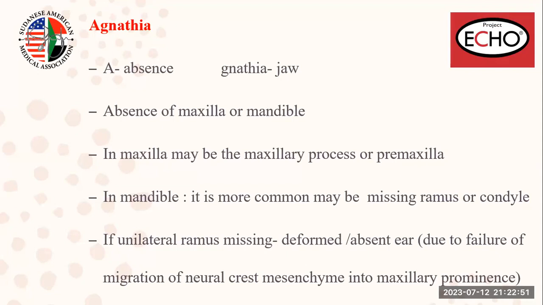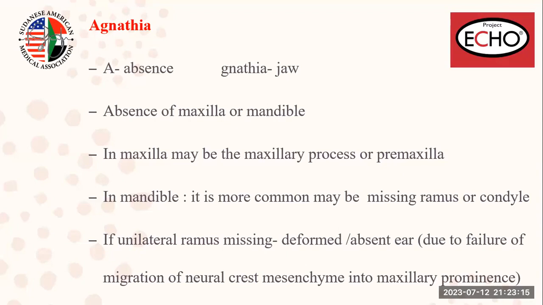If the problem is a unilateral missing or deformed ramus with an absent ear, it is due to failure of migration of neural crest mesenchyme into the maxillary prominence. This is an embryological defect that happens during the formation of the jaw.